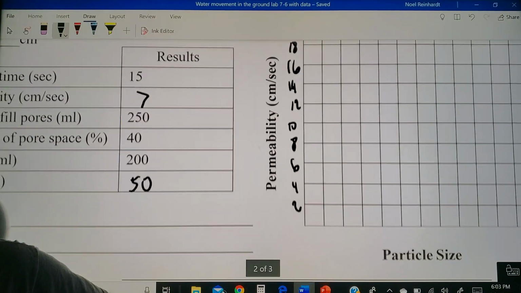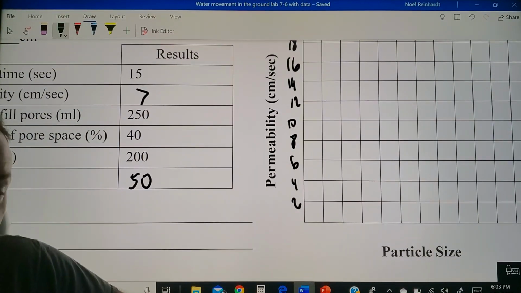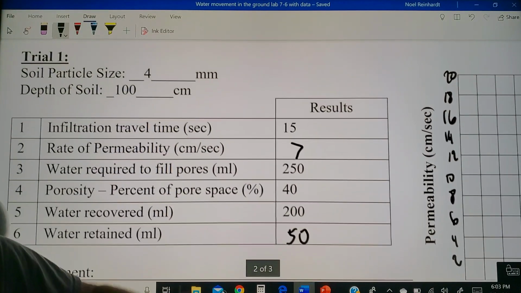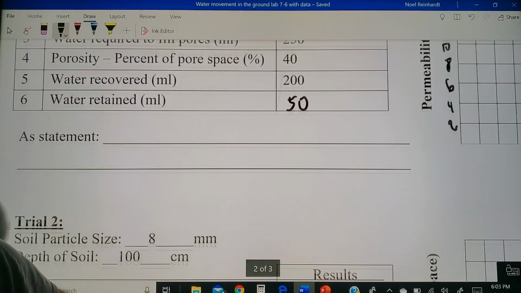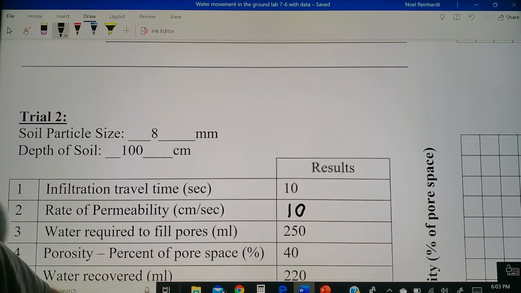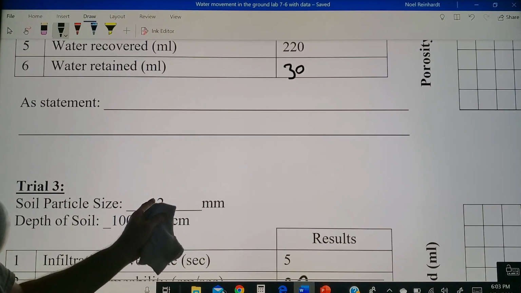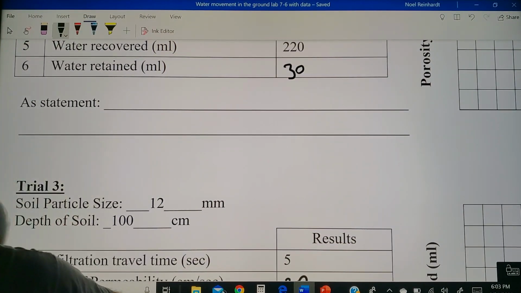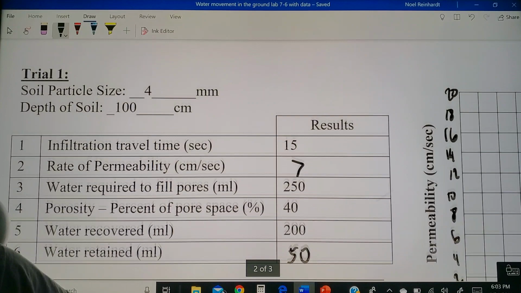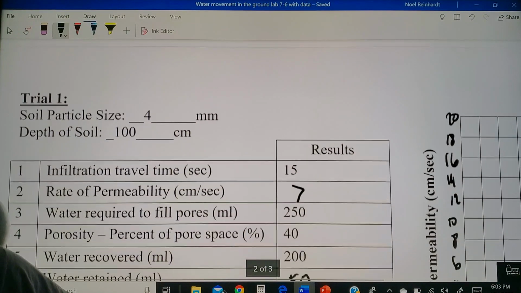On the x-axis, you got to do the particle size. Well, if you remember, the sizes were 4, 8, and 12. So we got to go 0 to 12. And what are we going to skip by that makes sense?